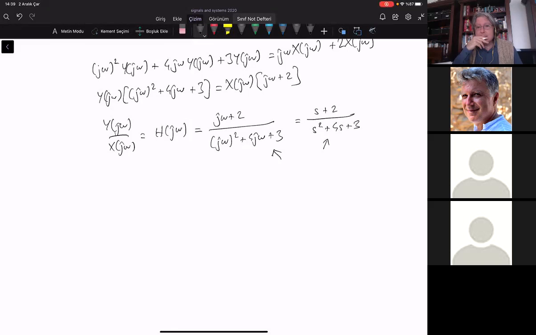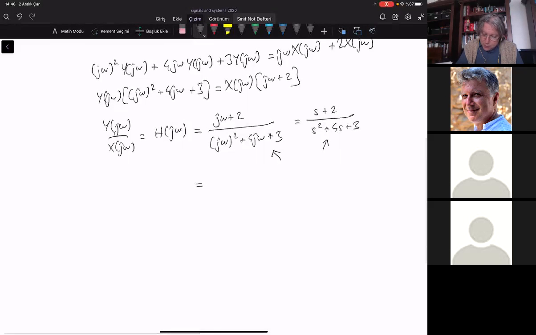And what are the roots of those things? How can I split this into an addition of two forms? One of them is a first order, the other one is also a first order, but those first orders correspond to the roots.